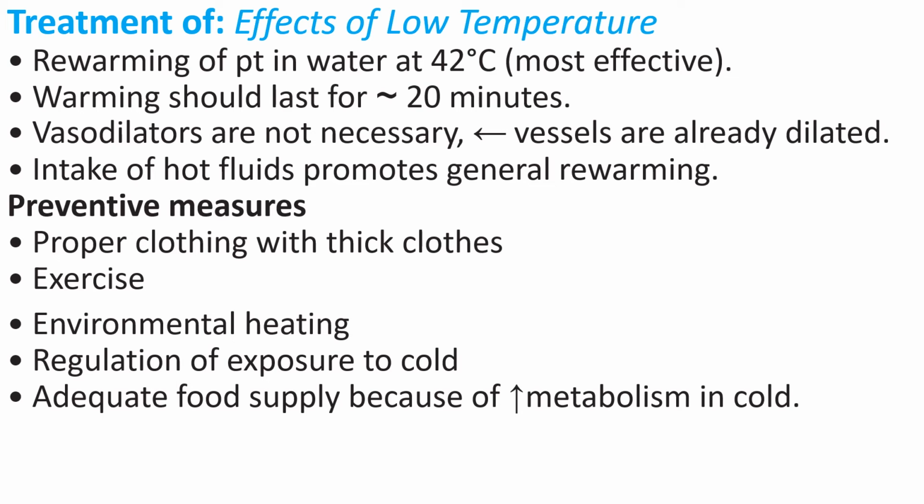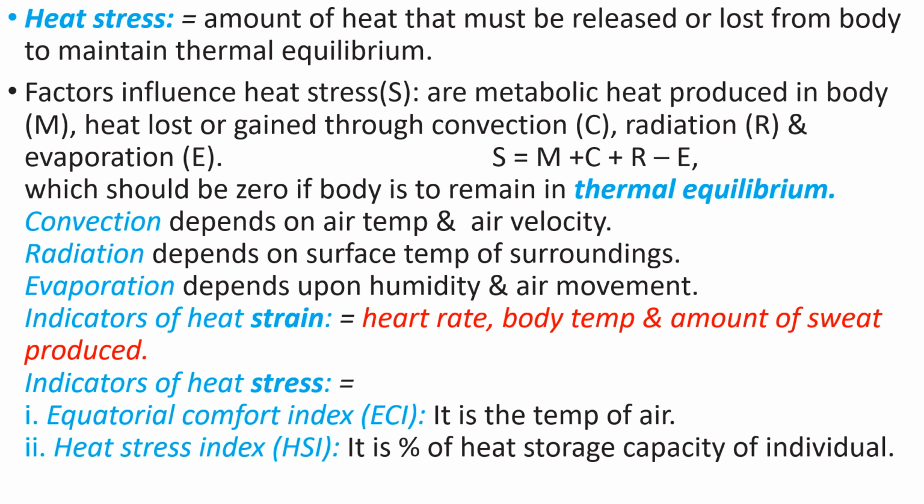Preventive measures: proper clothing with thick clothes, exercise, environmental heating, regulation of exposure to cold, and adequate food supply because of increased metabolism in cold. Heat stress is characterized by an amount of heat that must be released or lost from the body to maintain thermal equilibrium.